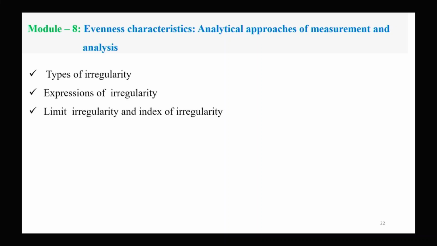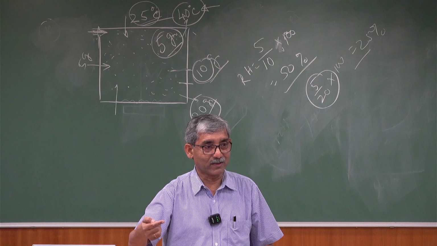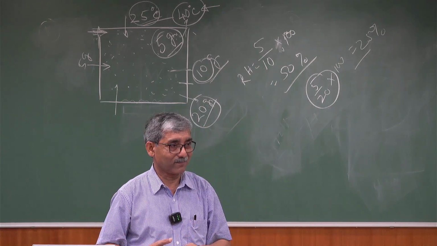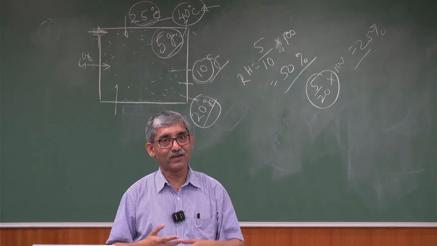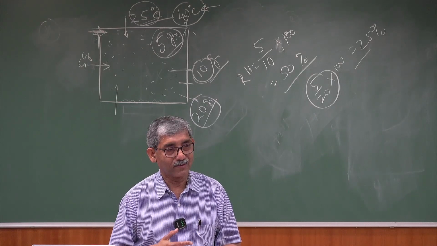Another important aspect is the limit irregularity. The concept of limit irregularity is that if we adopt the best quality of raw material and best practice, we take a defect-free machine without any vibration, the best machine, and then we are producing a material with a certain irregularity. That is called limit irregularity. We cannot produce better than that even with ideal conditions.